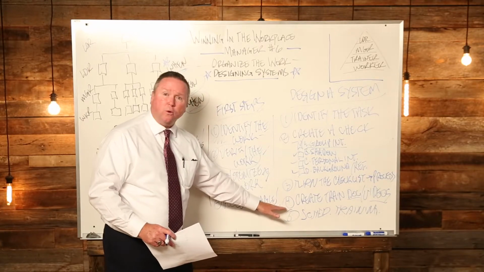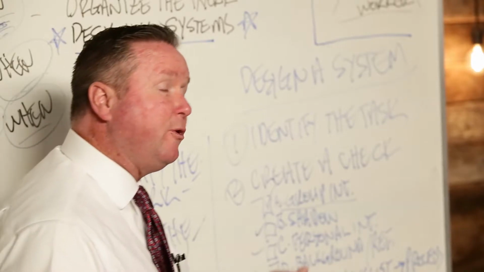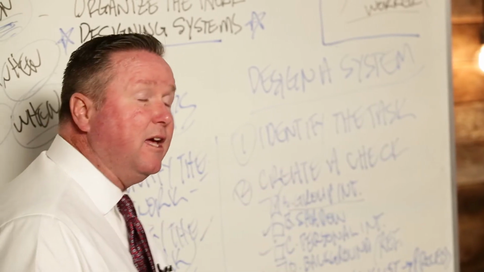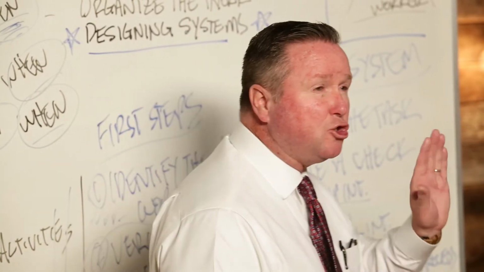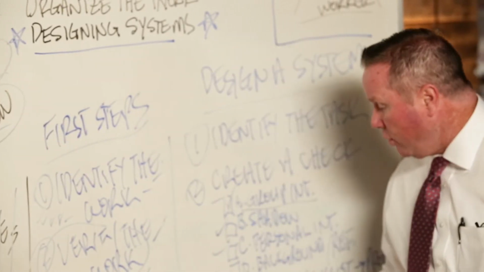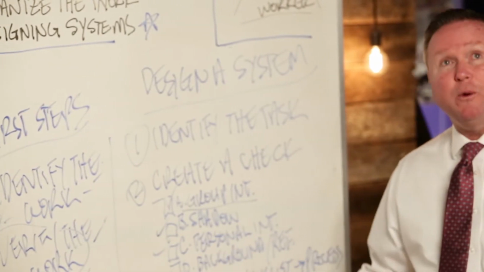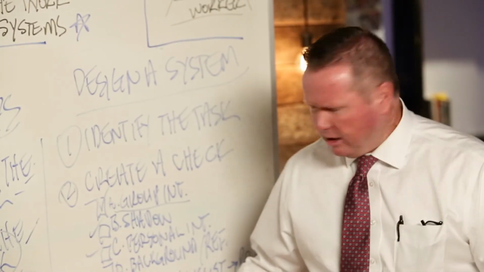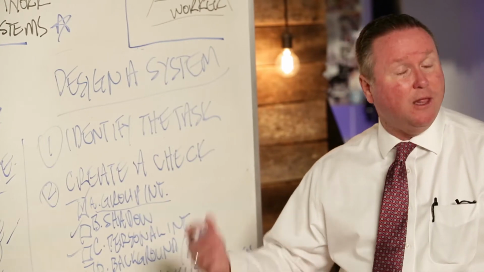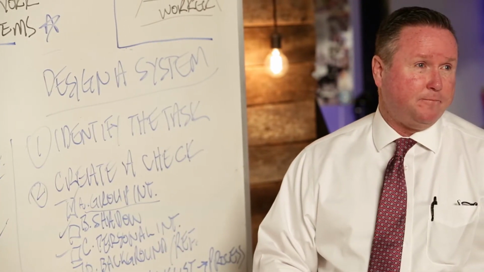And then finally, we're going to create training documents or training video to help people learn the steps, and then finally schedule consistent training times, weekly or monthly training times, where you are going to consistently train people in this task.